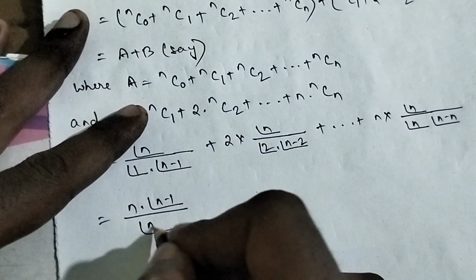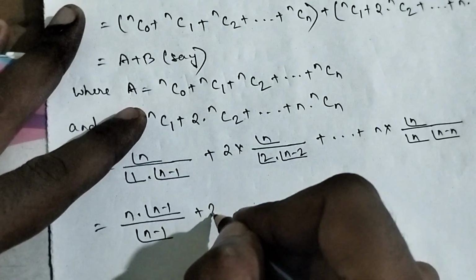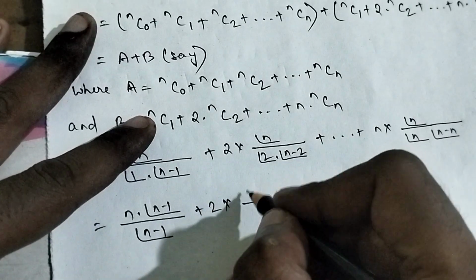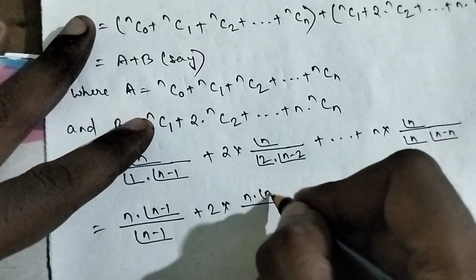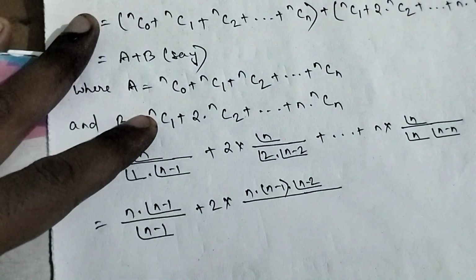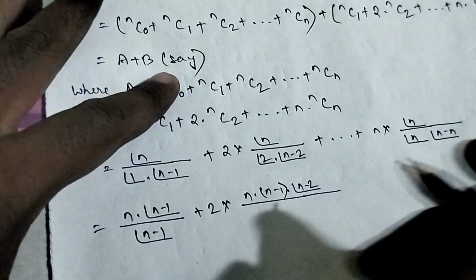Then 2 into n factorial, which I can write as n(n-1)(n-2) factorial, and 2 factorial means 2 into 1.